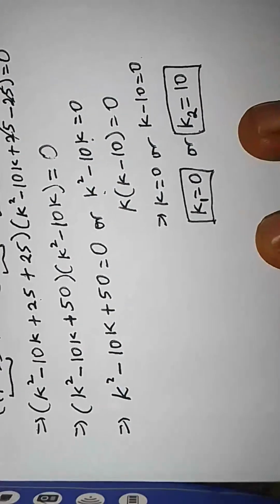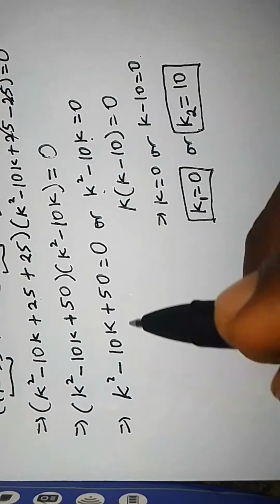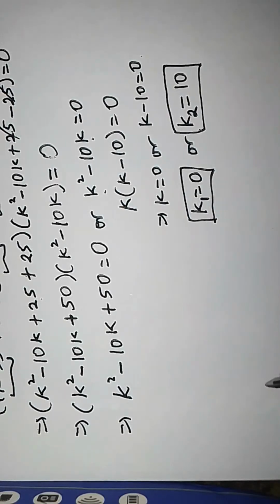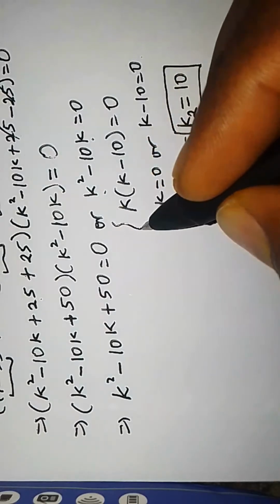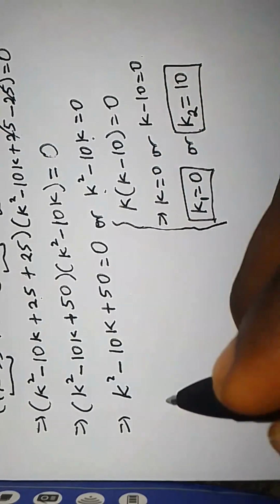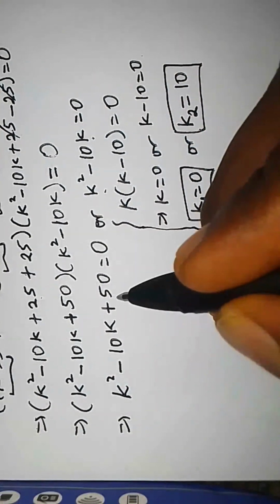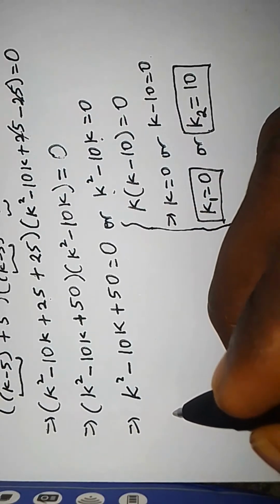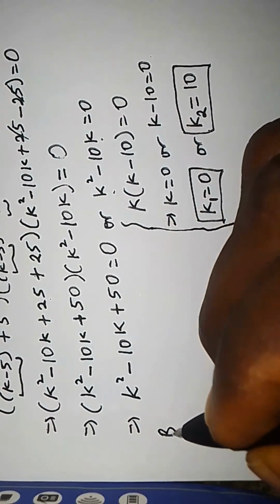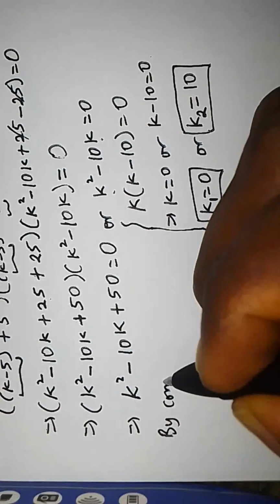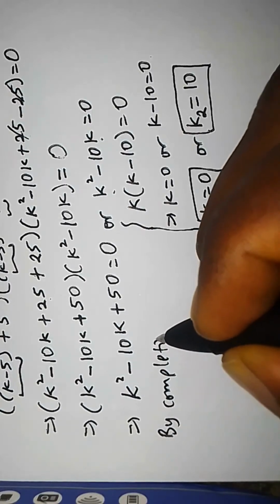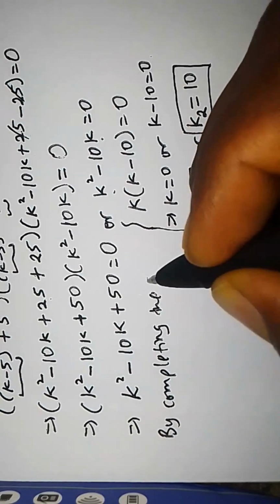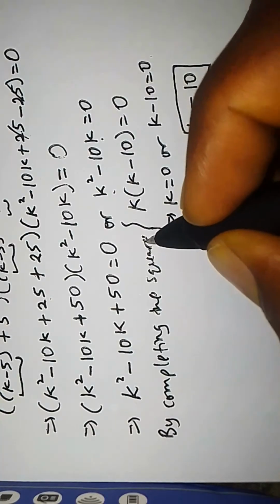Now, let's solve this quadratic equation together. Separate it. We have k squared minus 10k plus 50. Let's solve it using the completing the square method.